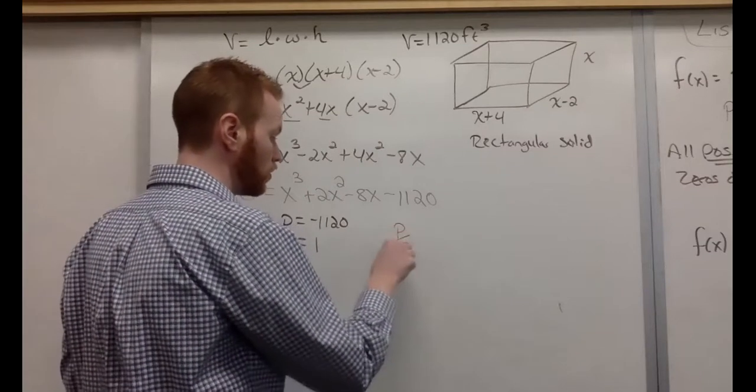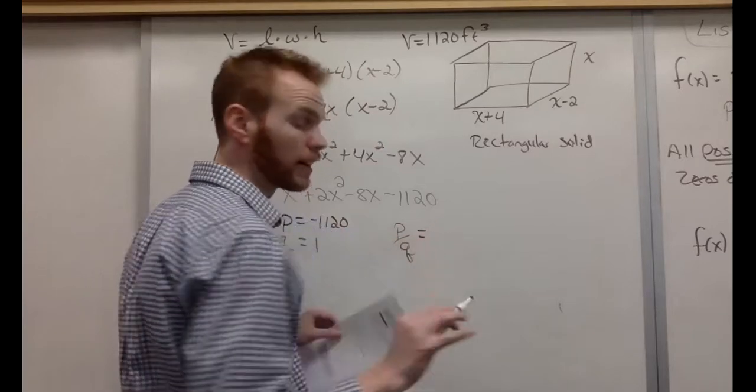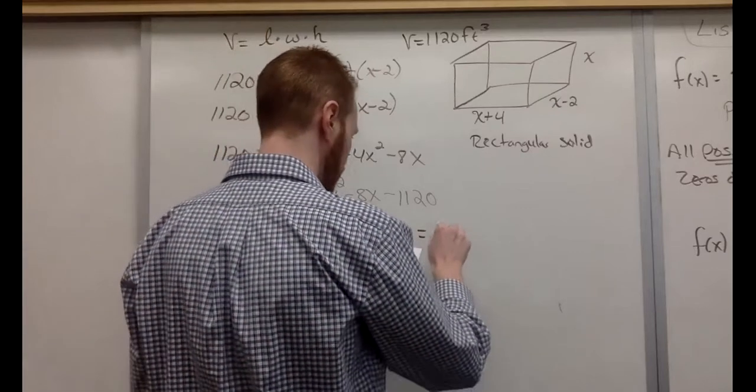So p over q is just the factors of this number. I'm going to list them. I'm not going to list all of them. There's a reason why I'm not listing all of them.